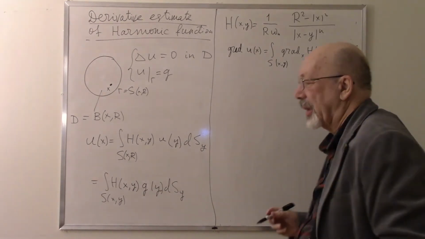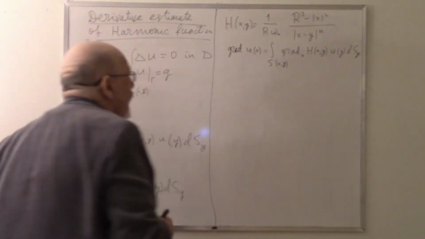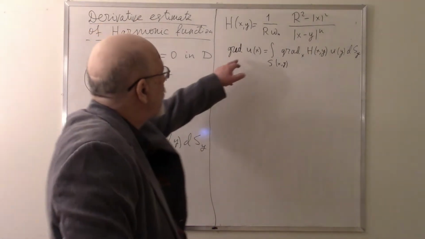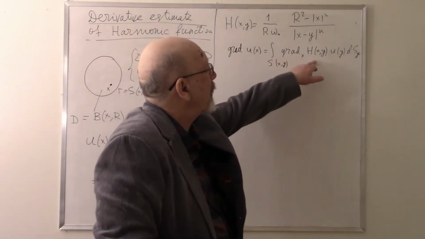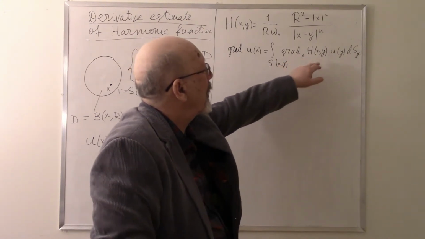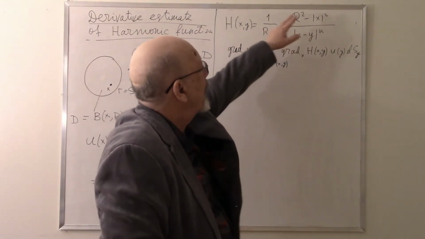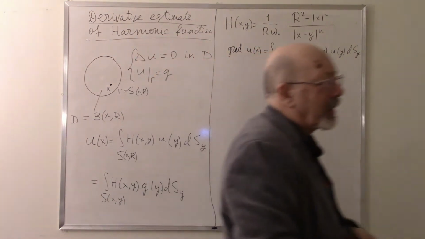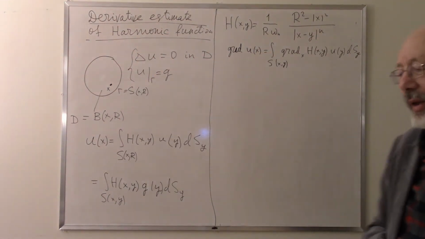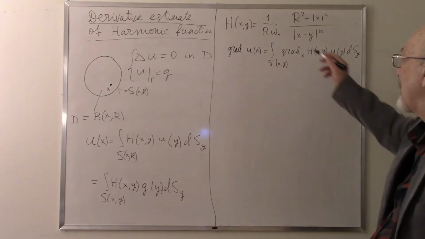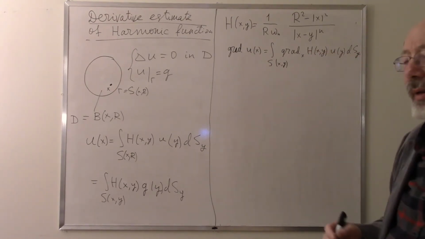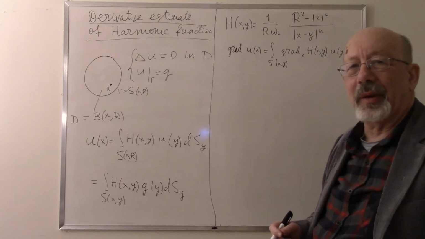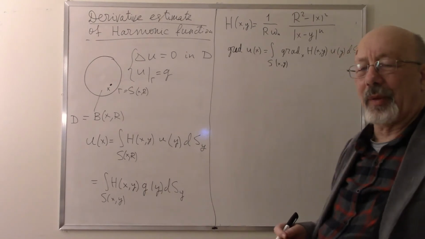Yes? So to find gradient u, we have to find gradient h(x, y), where h is this function. r and omega are constant, so it is not a big deal to find its gradient. And then we can substitute here and extract different implications from this.